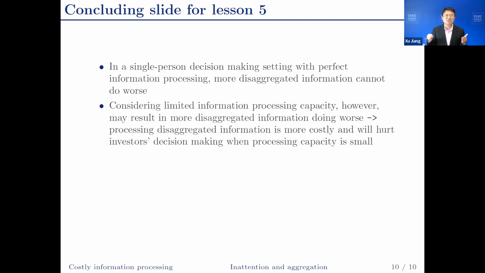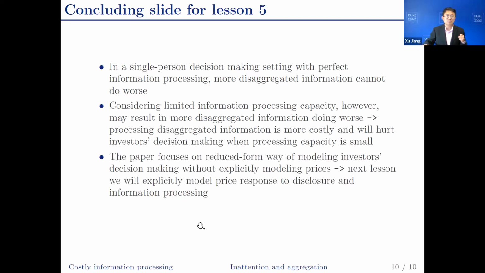And so it will hurt investors' decision-making when the processing capacity is sufficiently small. This paper focuses on a reduced form way of modeling investors' decision-making. So we talk about investors, but there is no price. Next lesson, we're going to explicitly model price response to disclosure in the presence of information processing constraint.